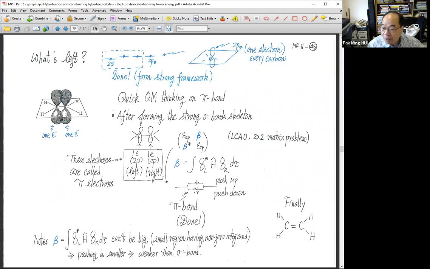Bonding is guaranteed because you only have two electrons, one from this and one from that. They all go to the lower state, thereby gaining energy, forming this additional bond. And that is the second line in the C2H4. So you see, a very simple thing actually is quite quantum mechanical.